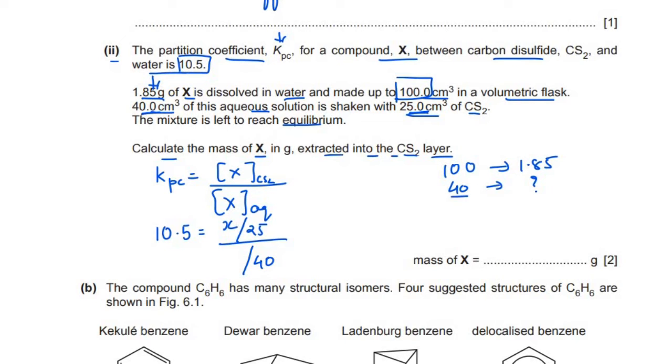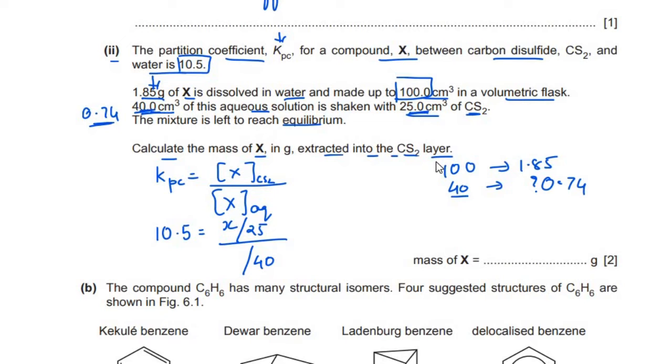Cross multiplying, we get the answer as 0.74. So that shows that in 40 centimeter cube of aqueous layer, the X present was 0.74, and after shaking it with carbon disulfide, some of the X from 0.74 will go into the carbon disulfide layer.